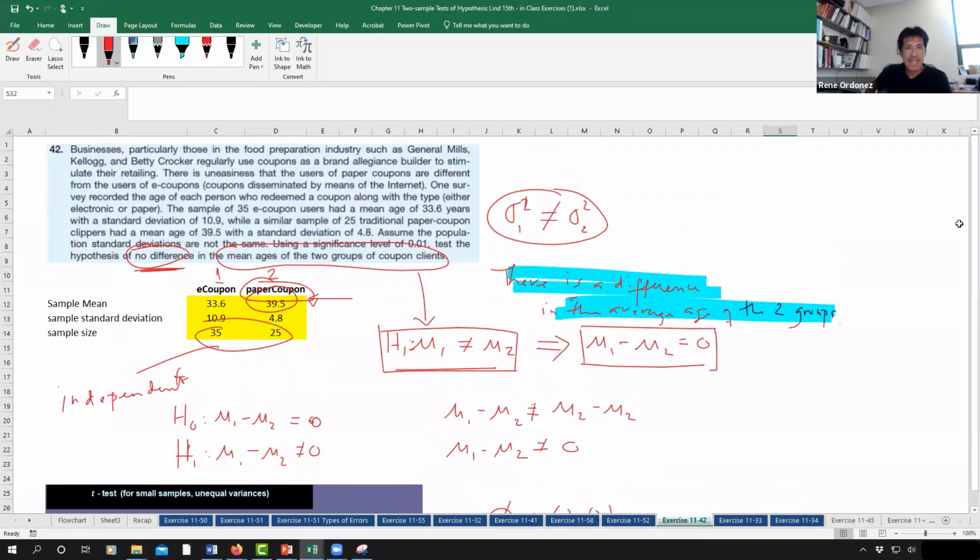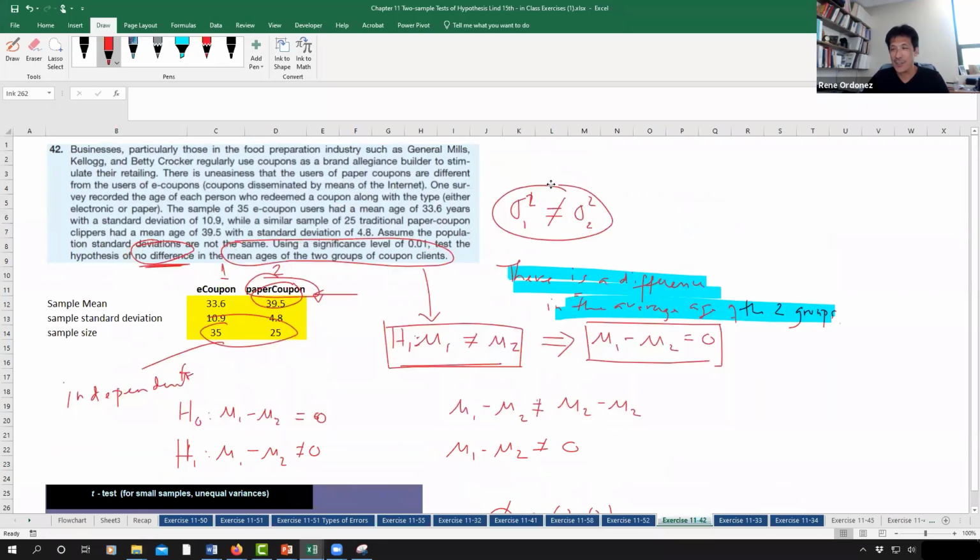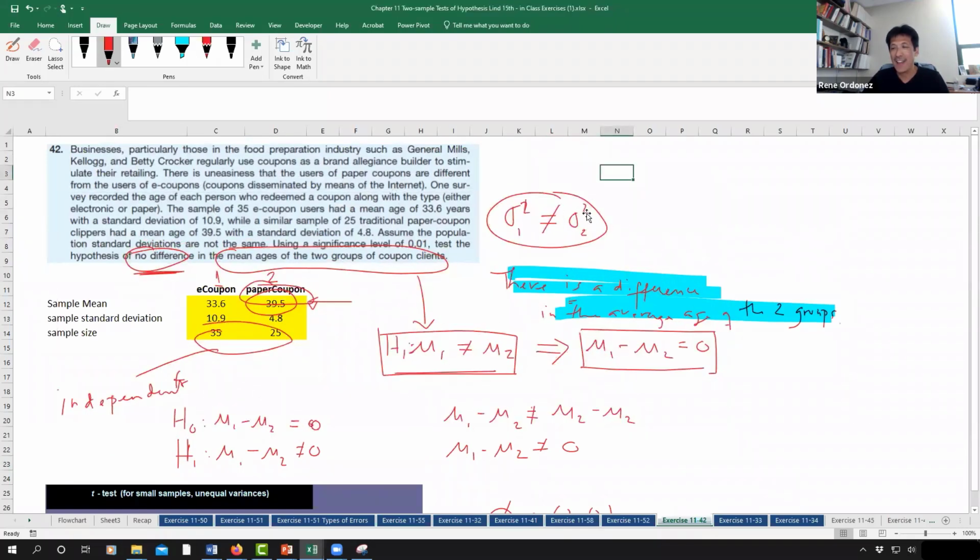In this problem, this is actually a test of comparing the means of two independent groups. But this particular problem told us to assume that the variances are not equal. Now, this one is just an assumption. In statistical testing, assumptions need to be tested.